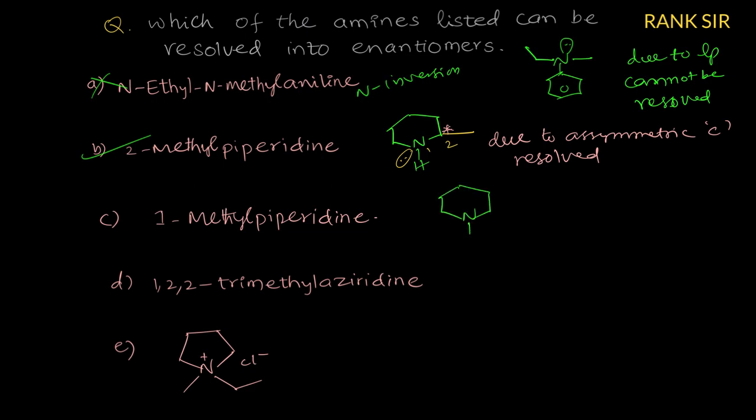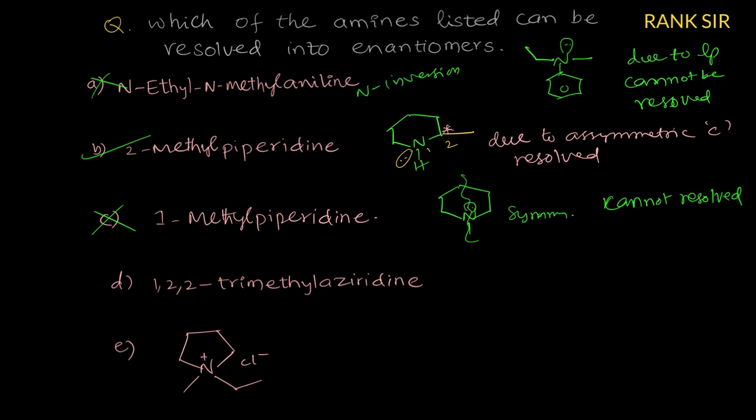This is the methyl group and here the lone pair is present. So it is called 1-methyl piperidine. Because it has methyl and the left and right sides are equal, it is symmetrical. So due to the symmetrical nature, we cannot resolve it. Therefore, this is not.